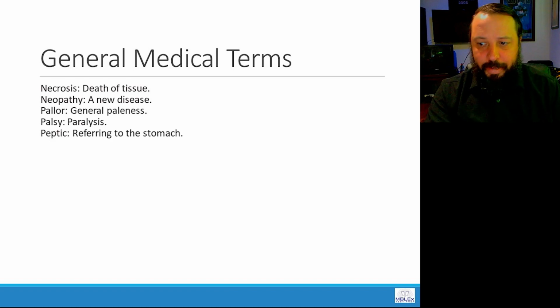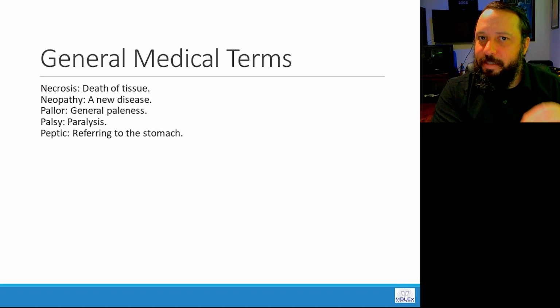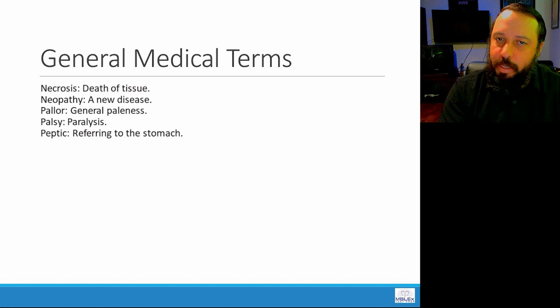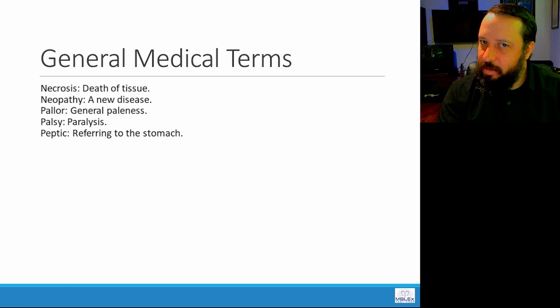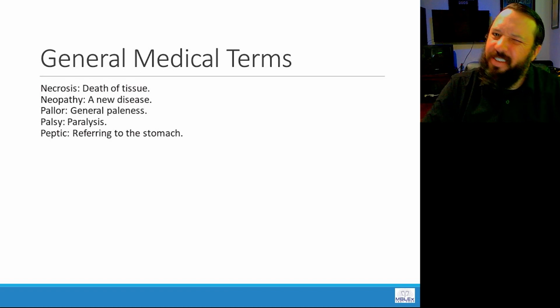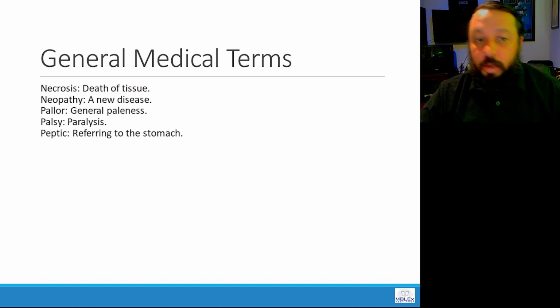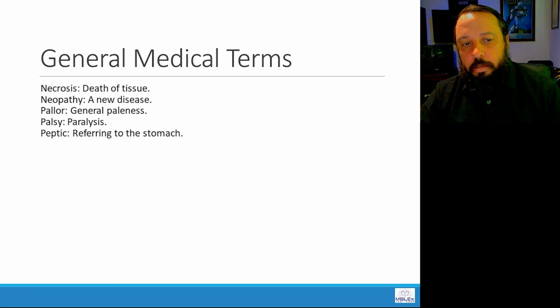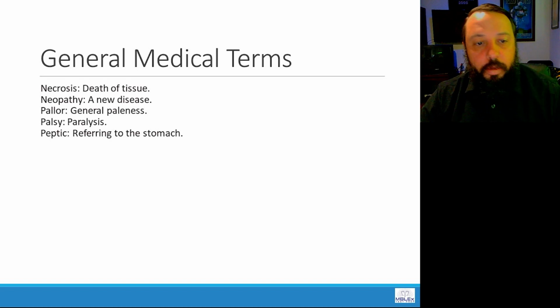Peptic ulcer is an open sore in the stomach, usually caused by the stomach acid, like pepsin or hydrochloric acid, mainly eating through the mucus, the lining of the stomach, and then eating the inner wall of the stomach itself. Peptic ulcer, that sounds pretty painful, actually. So peptic, like how about Pepto-Bismol, right? Pepto-Bismol has to do with the stomach, right? Stomach.